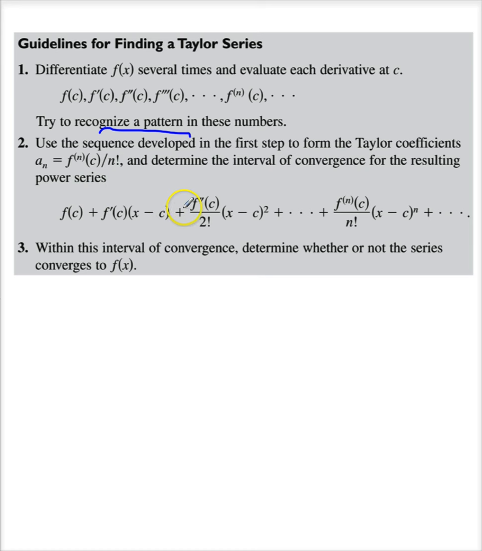And then within that interval, determine whether your series converges to f or not. How? You look at the limit as n goes to infinity of the absolute value of R sub n. If that equals 0, then it converges. If it doesn't, the series does not converge.